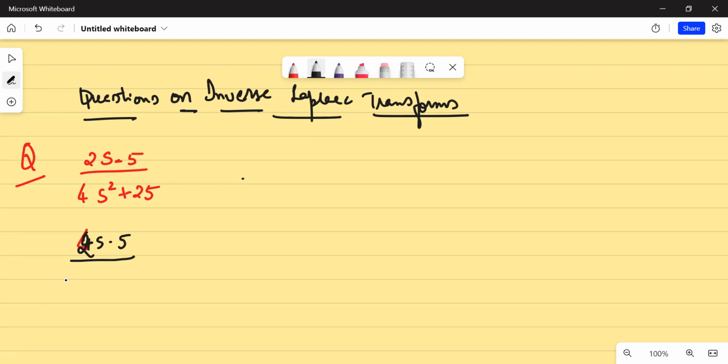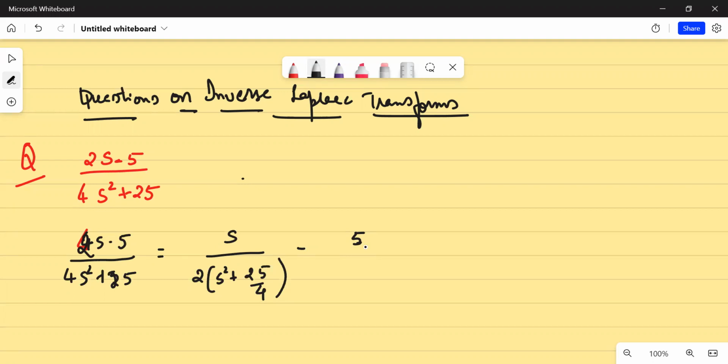So probably one good strategy here is to write it in some nice format. I'll take 4 common from the denominator and 2 common from the numerator. So I'll get s upon 2 into (s square plus 25 by 4), and then minus 5 upon 2 over the same denominator.